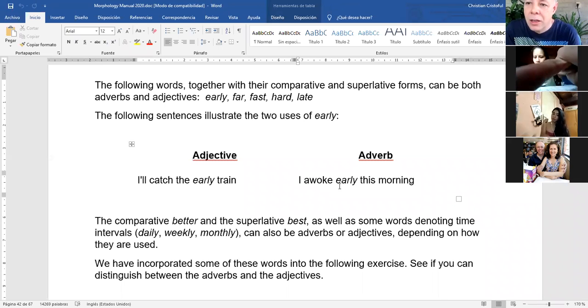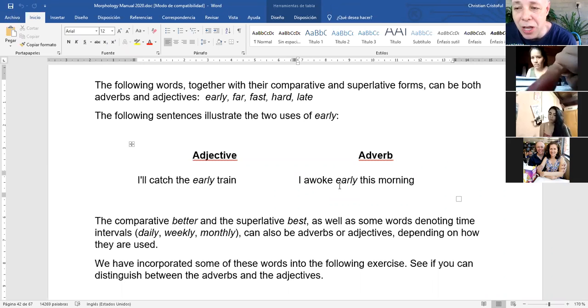So notice that we cannot trust the dictionary or we cannot trust the manual. Depending on the context, early can be an adjective or an adverb. What we need to know is the function of the adverb. Is it modifying the verb? Is it modifying another adjective, another adverb, or what?